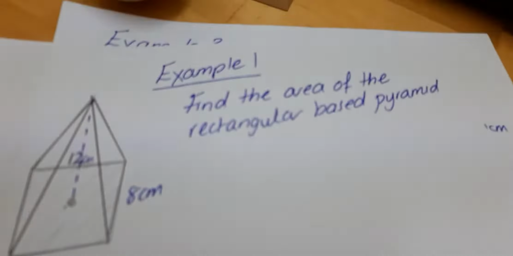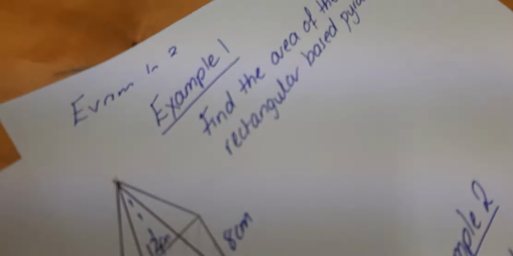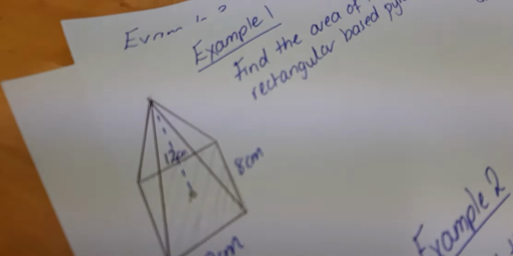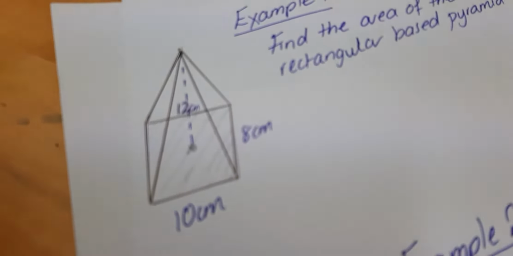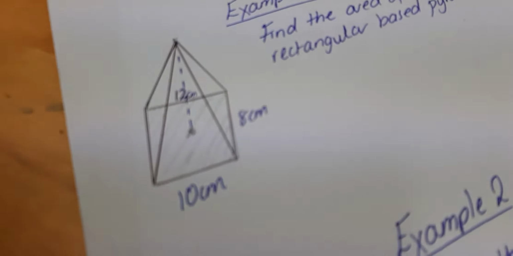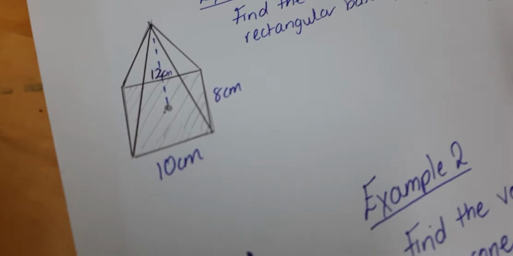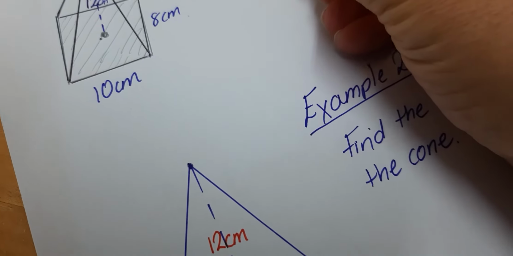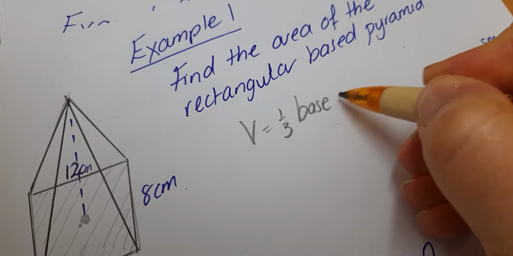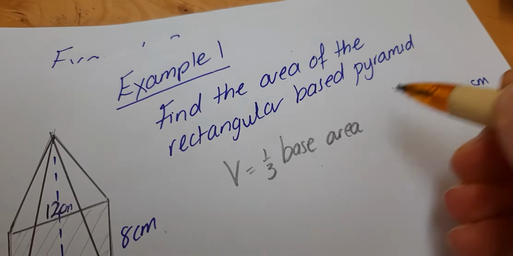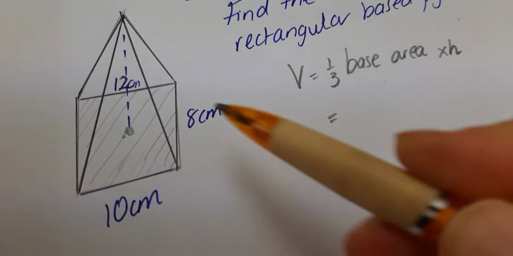Okay, so the first example says find the volume of this rectangular based pyramid. We can see a pyramid here. It has a rectangular base 10 by 8. We know the volume of a pyramid is the same as the volume of a cone. The volume equals 1/3 base area times height. Well, it's not exactly hard to find the area of a rectangle.